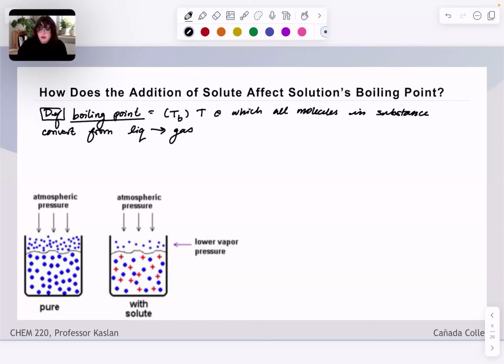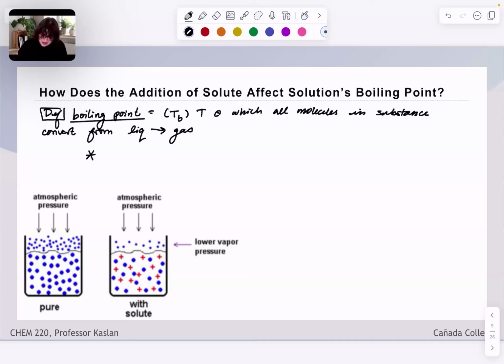But more relevant here to our conversation about colligative properties, we have to remember that if all of our molecules have gone from the liquid phase to the gaseous phase, that means the atmospheric pressure that was once bearing down on the vapor above our liquid has to be equal to the total pressure of our particles that are now fully in the gas. We've established a pressure equilibrium.